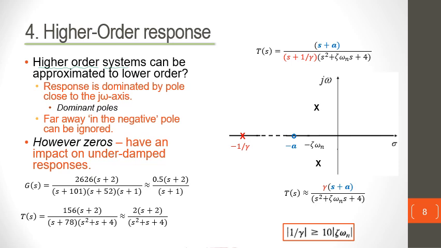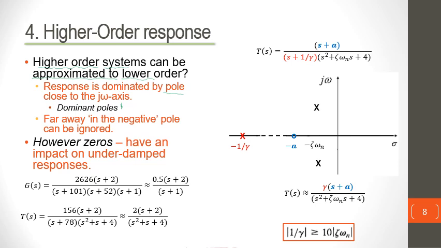Now, this comes from the fact that we can observe that the response of a control system is dominated by just a few poles that lie very close to the imaginary axis, and these poles are called dominant poles.